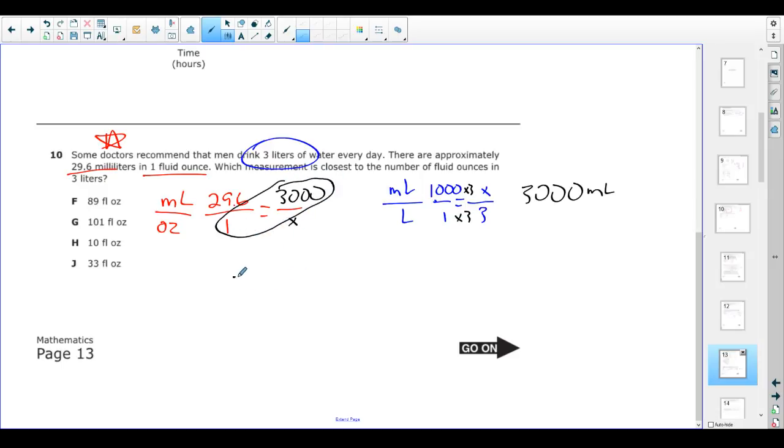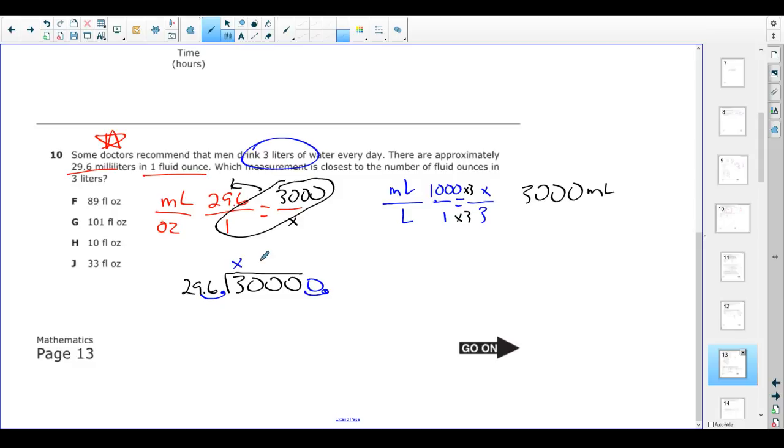So 1 times 3,000 is just 3,000. It's the easy part. We're going to divide that by 29.6. How should we do this? Let's just do regular old long division. Let's move the decimal over 1 place, and move this one over 1 place as well. Now we'd say 296 into 30,000.